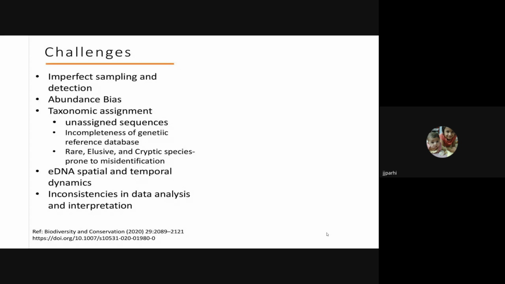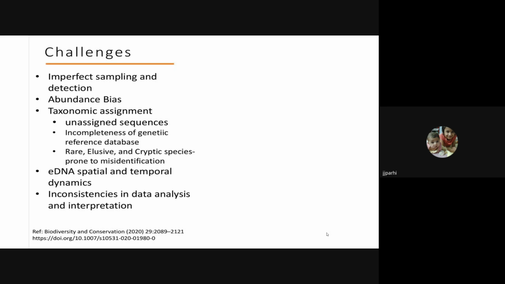Then there is usually reliance on taxonomic assignment based on sequences. Many species do not have previously reported sequences, so we cannot identify them. So there is incompleteness of the genetic reference database. If we have a reference database, then we can say whether a species is present or not. We have to know the original specimen first, and after that we can check.